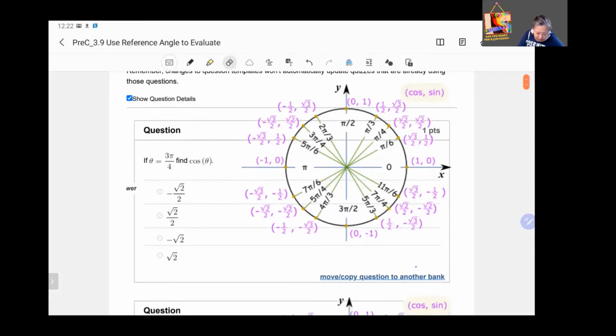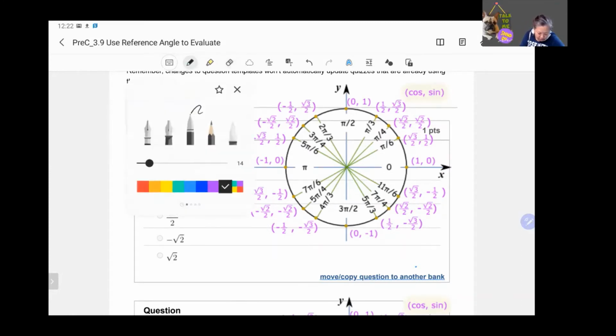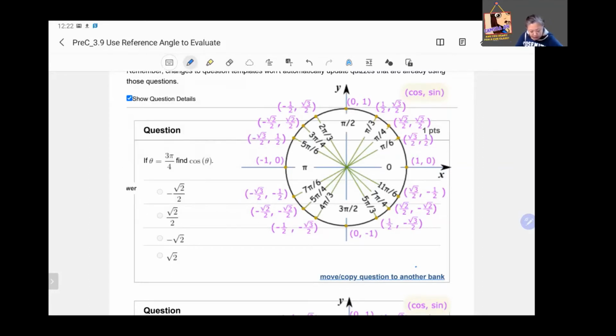So then first problem is asking if the original angle theta is 3 pi over 4, then we're supposed to find the exact value of cosine of the angle.